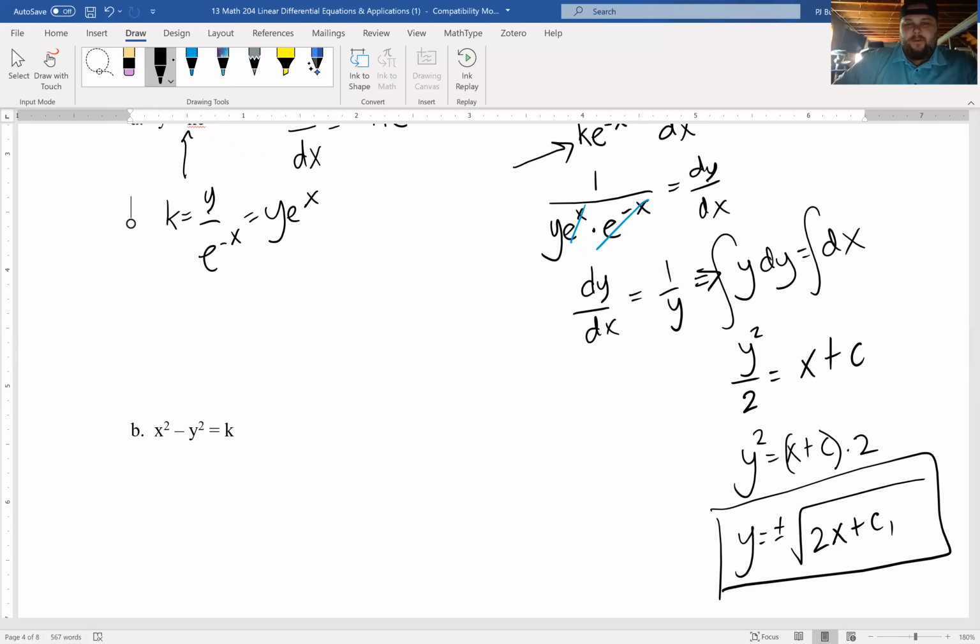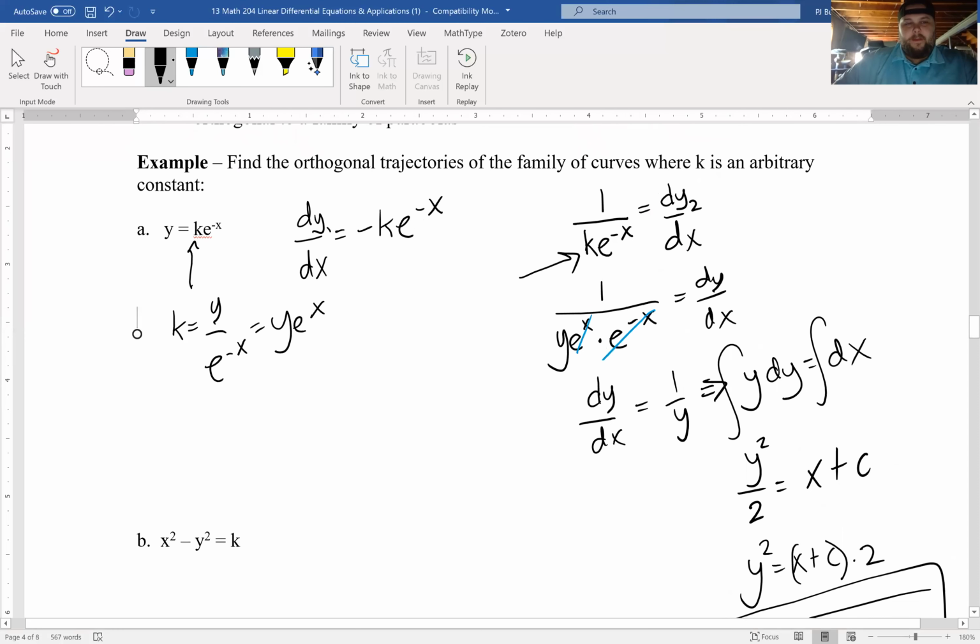Let me go through the method one more time. First thing I did was take the derivative dy/dx. I need the orthogonal trajectory, or the opposite reciprocal slope.